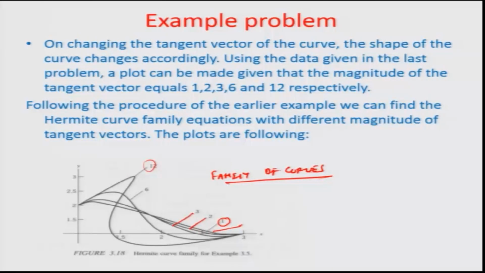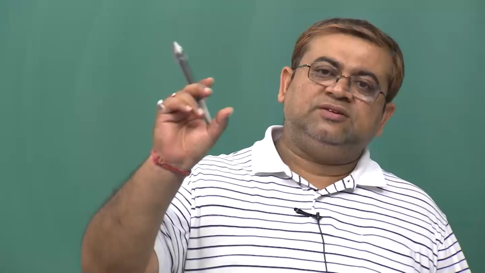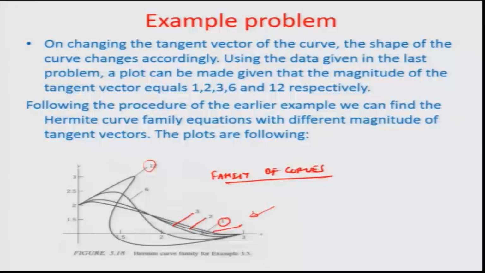So, this is the beauty of this process, that you can divide a surface into small curves, and complex organic forms which need to be mapped into a computer in terms of some data and data management can be very easily stored on the basis of such synthetic curves. So, this is one key example of how you can do contour mapping through a curve fitting exercise using the simplest Hermitian cubic fit polynomial.